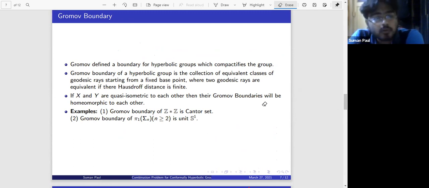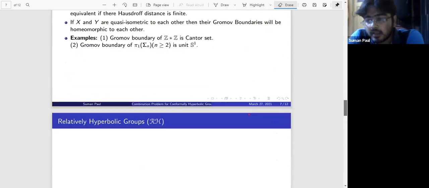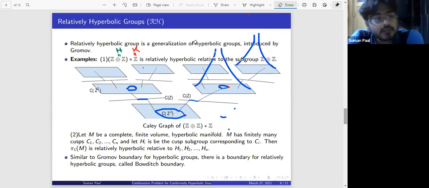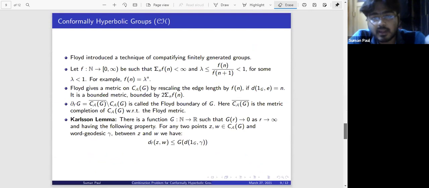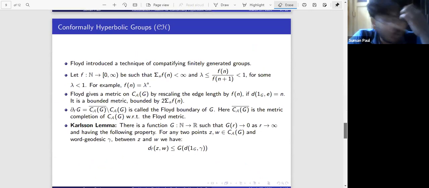The Gromov boundary is defined for hyperbolic groups only, so it is not defined for groups in general. Similarly, Bowditch's boundary is defined for relatively hyperbolic groups. But can we define the boundary for groups in general? That is constructed by Floyd, so it is called the Floyd boundary.